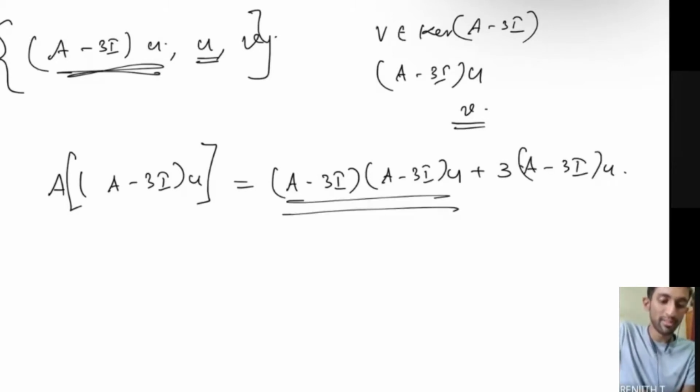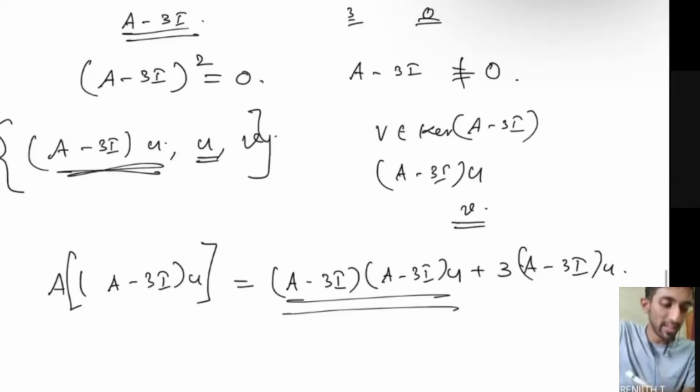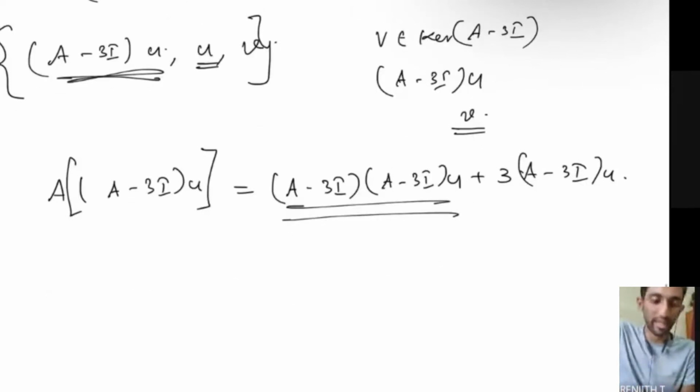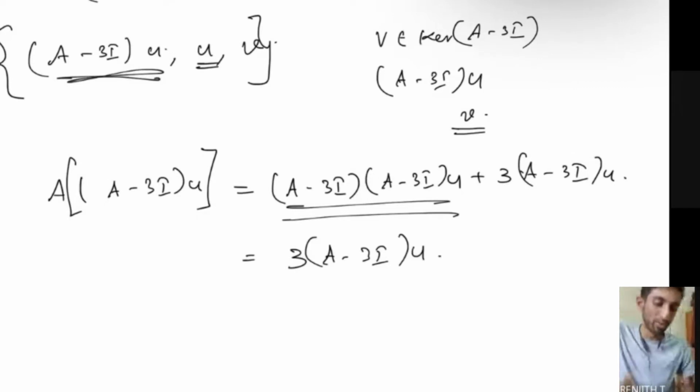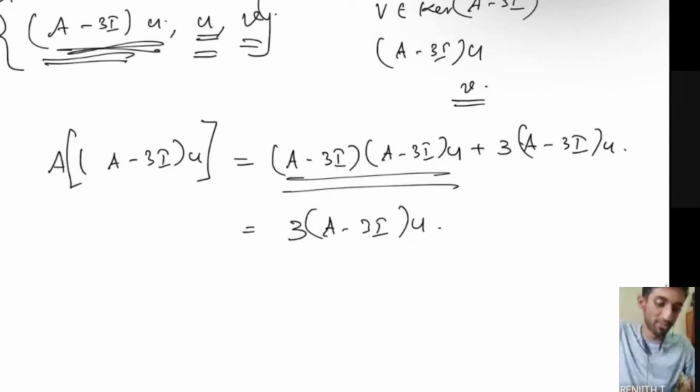This part will be 0 because (A minus 3I) squared is equal to 0, and the rest is nothing but 3 times (A minus 3I)u. So in the first column it will be 3 times the first element, 0 times the second element, 0 times the third element. So the first column will be 3, 0, 0.